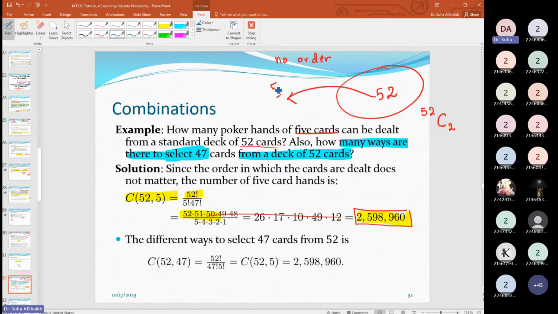So I'm changing the question, I will not choose 5 here, I'll say I'm choosing 47. So again, when I'm choosing 47, this will be 52 combination 47. I'm choosing 47 out of the 52 here. Okay? And here we have the result. Right?